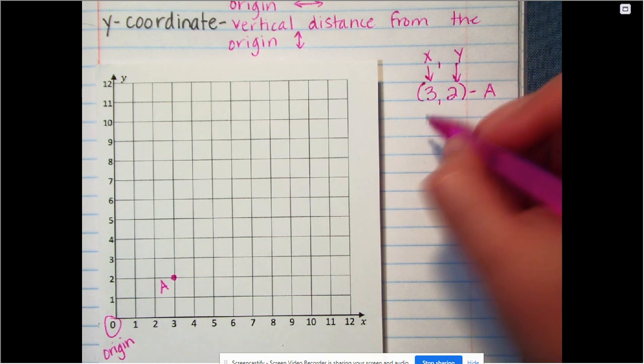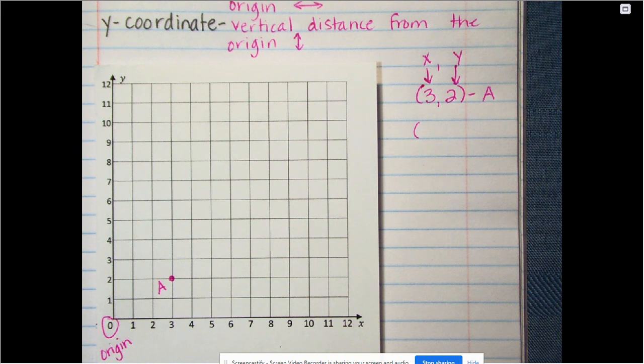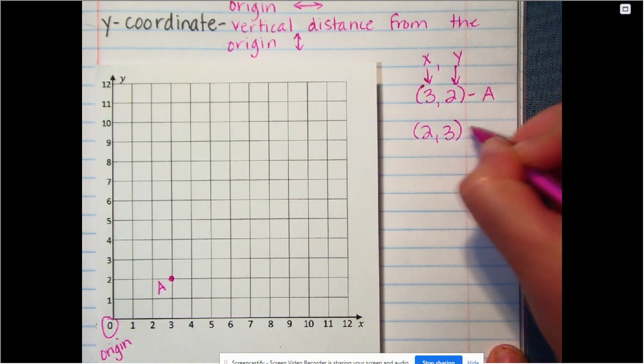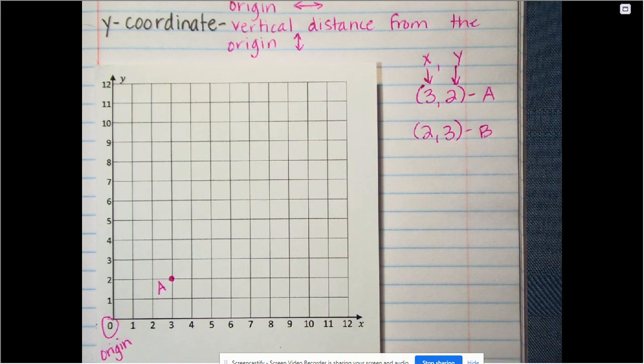So then maybe they'll ask us to show 2, 3 as point B. Now, we already did a 3 and a 2. Is it going to be the same exact spot? No, because now I have to do the 2 first.